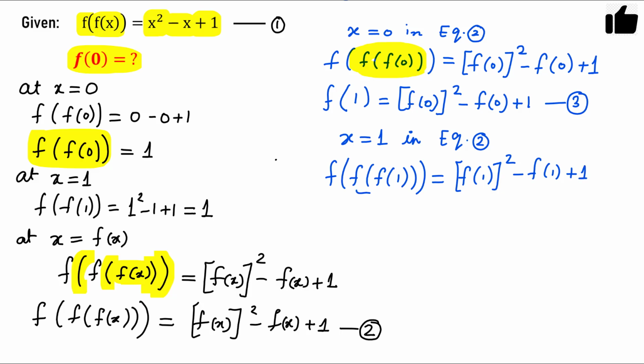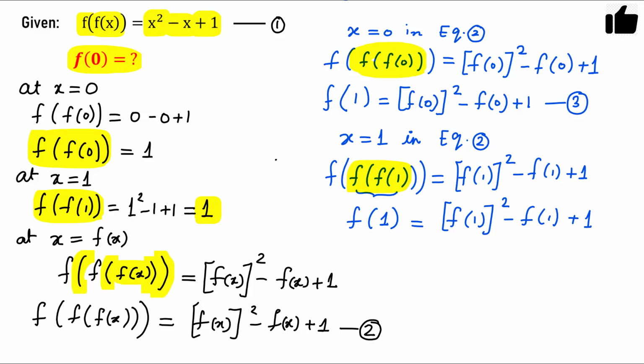And f(f(1)) we have already calculated to be 1. So now we can plug this value, and this will be f(1) = (f(1))² − f(1) + 1.